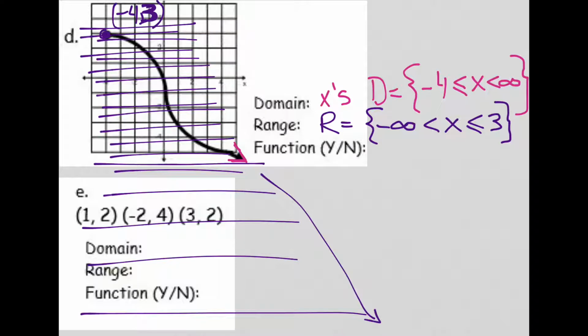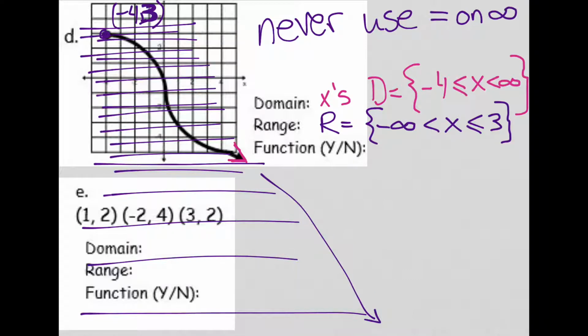Now, I know you're probably confused about the less than. Why is it sometimes less than? Why is it sometimes less than or equal to? First of all, you never use equal to on infinity. Never. You can't ever actually get there. So that means that you can only have a less than or a greater than with infinity.